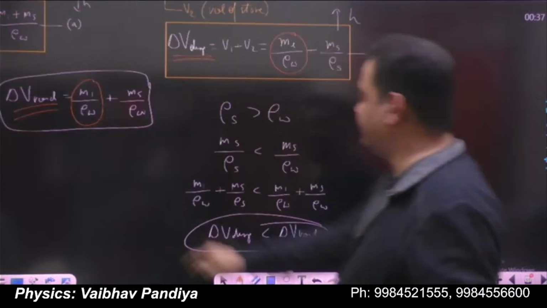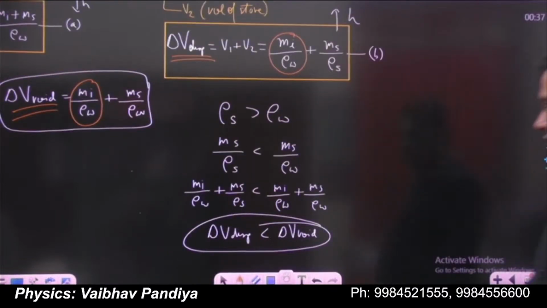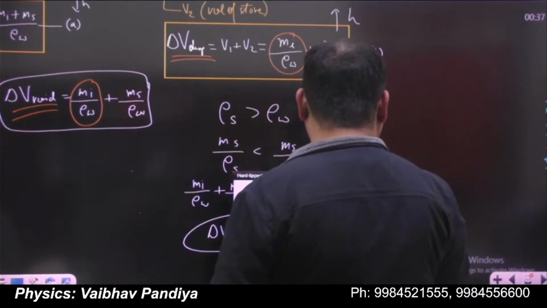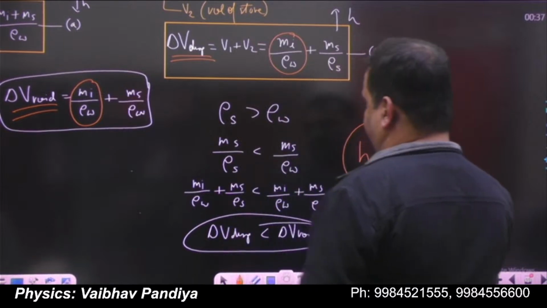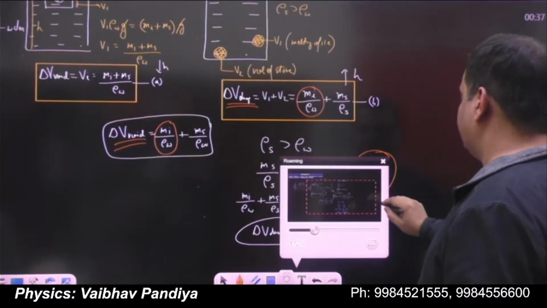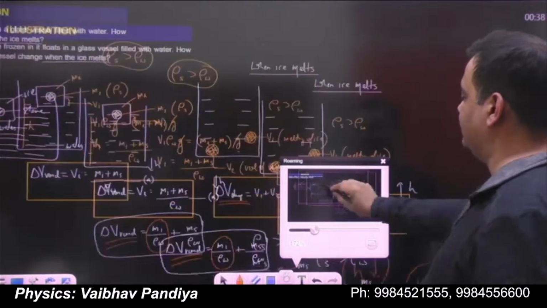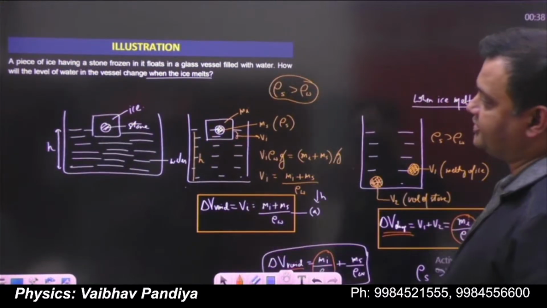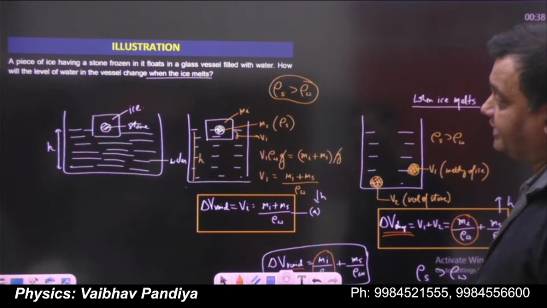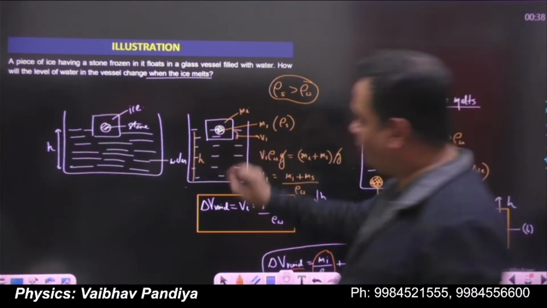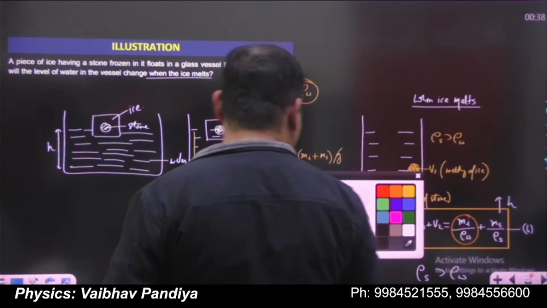So you can see the displaced volume is less than the volume getting free. So on the whole, your height will get decreased. And this is the complete analysis. So when we have an ice block with a stone frozen in it, and the ice melts, then the level of water will decrease. Got it?